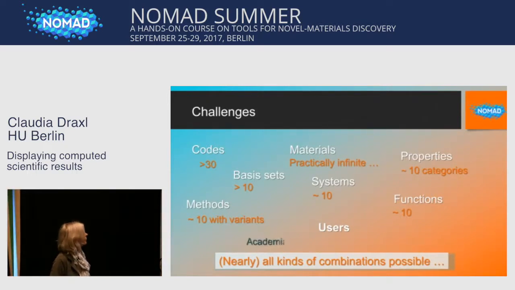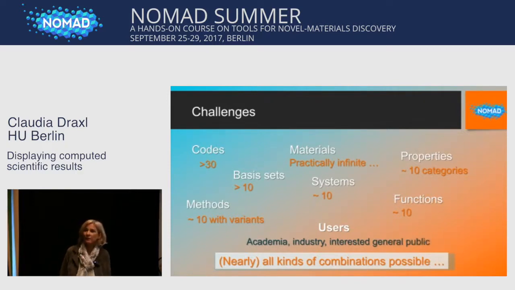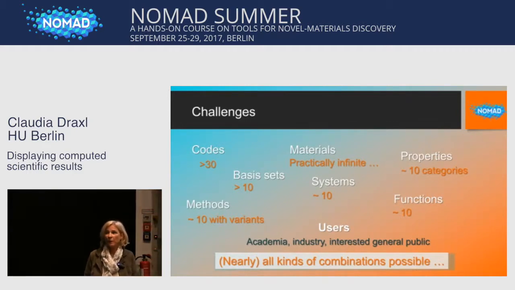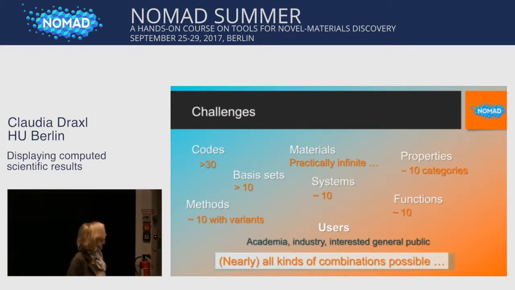So we have users from academia, of course, maybe the people who have calculated all these properties, but also are just interested in them. We have industrial users. We have also the interested general public. So think about also there may be people or pupils in school who are interested in materials and they would like to know what the encyclopedia is about.